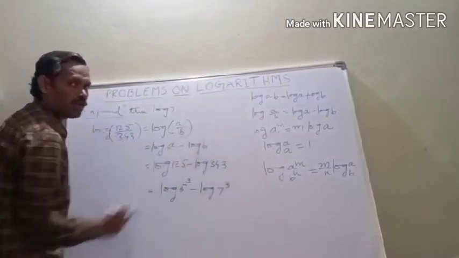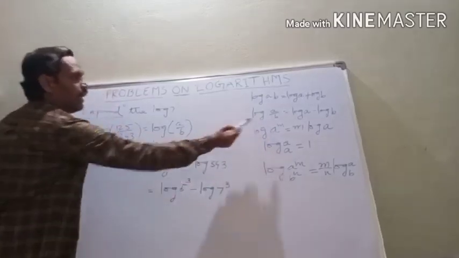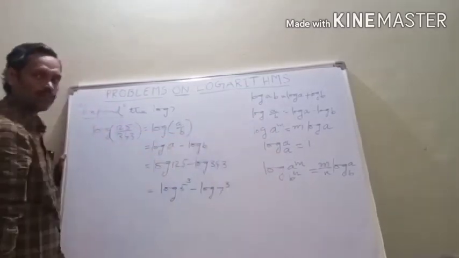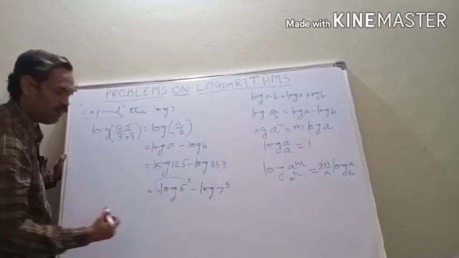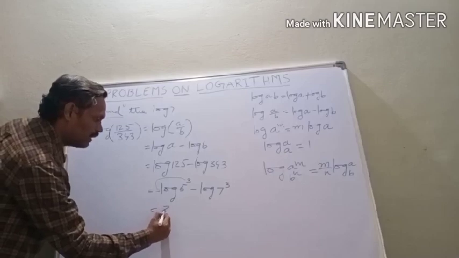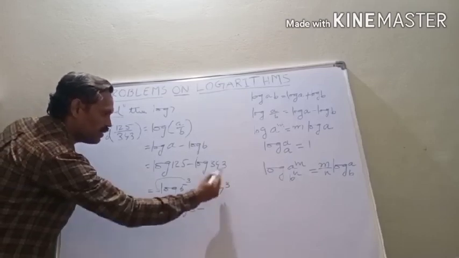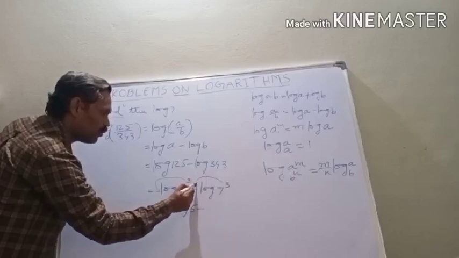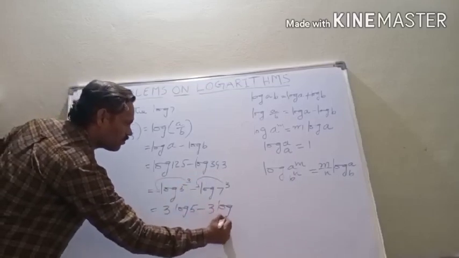According to this formula, when log is applied to an exponent form, the exponent becomes the coefficient of the log. Similarly, this 3 becomes the coefficient of log. Now, I can write it like this: 3 log 5 minus, similarly, here the exponent also comes to here, that is 3 log 7.